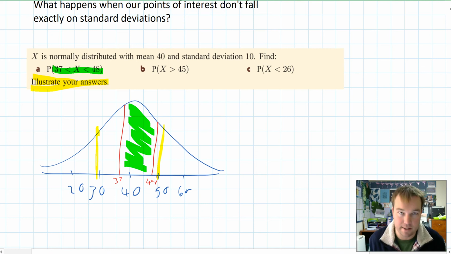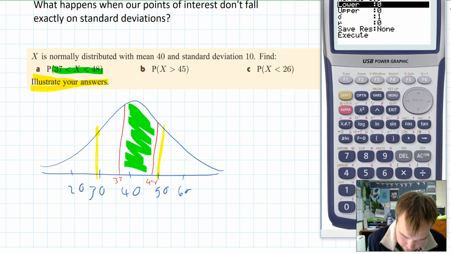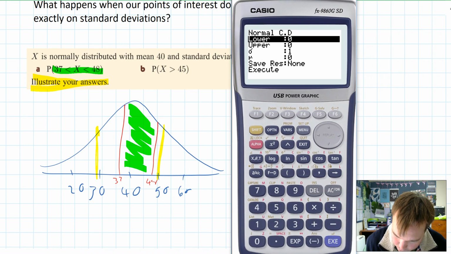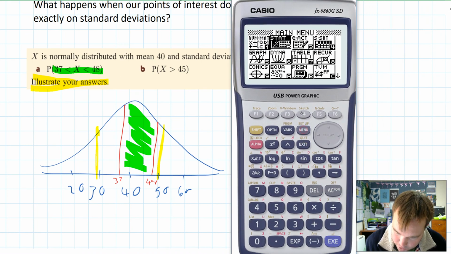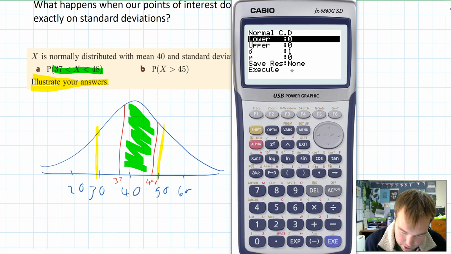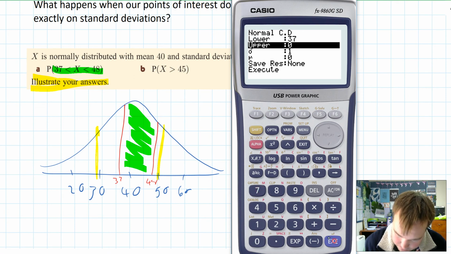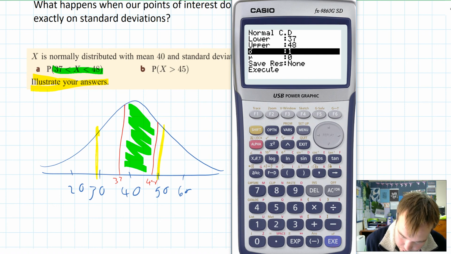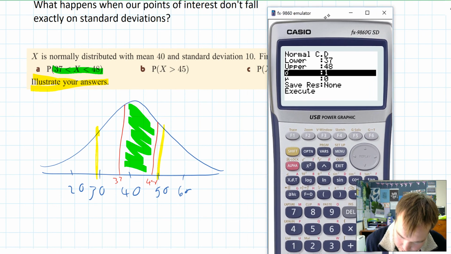And it turns out our calculator can help us here. So if we bring up our calculator, exit, and if you go into statistics, so number 2, then go distributions, normal. And we want normal cumulative. Lower, upper. 37, 48. Standard deviation is 10.